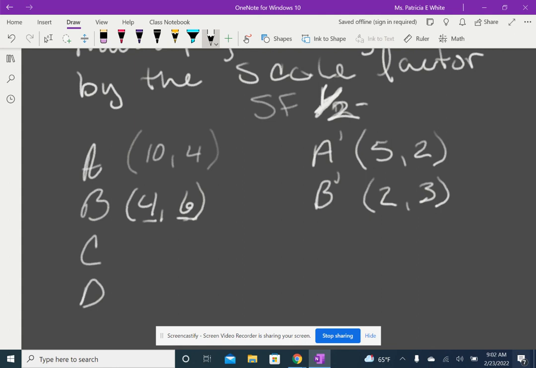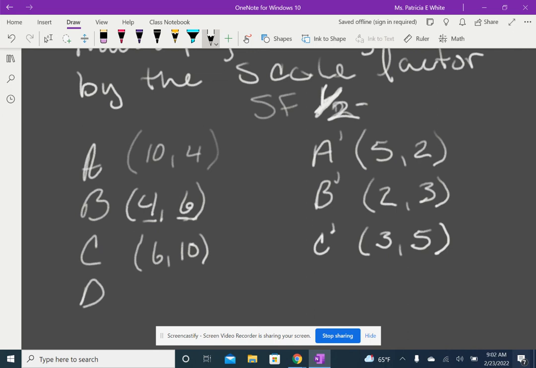C is right 6 and up 10. C prime, 1 times 6 is 6, divided by 2 is 3. 1 times 10 is 10, divided by 2 is 5. Okay, I'm going to leave you to do D on that one.